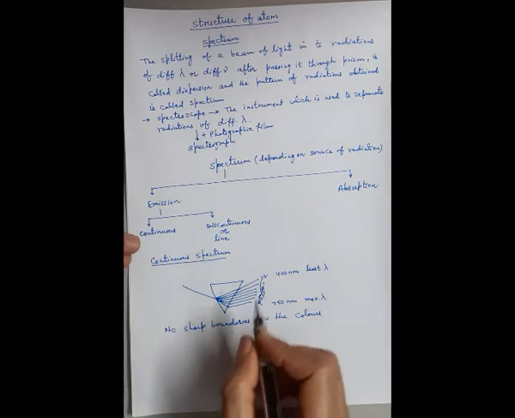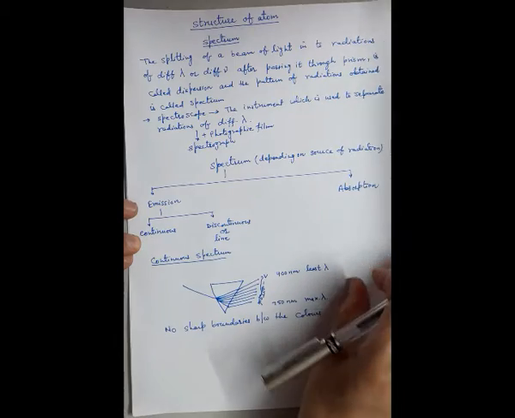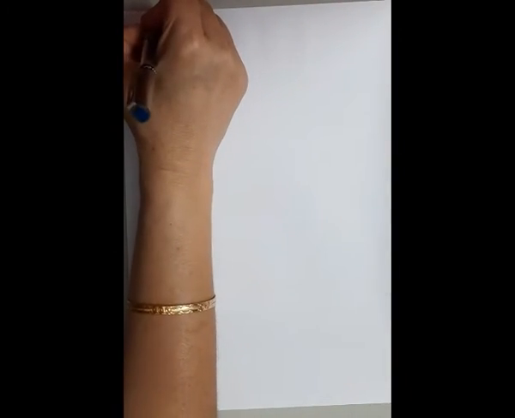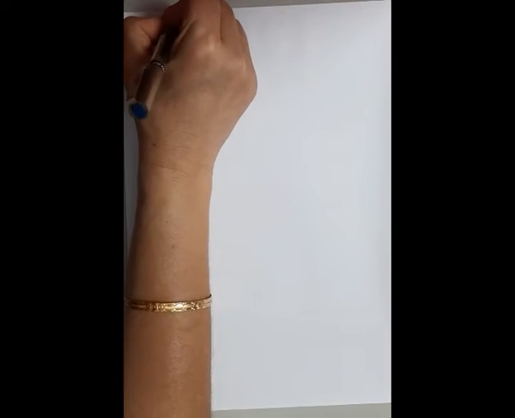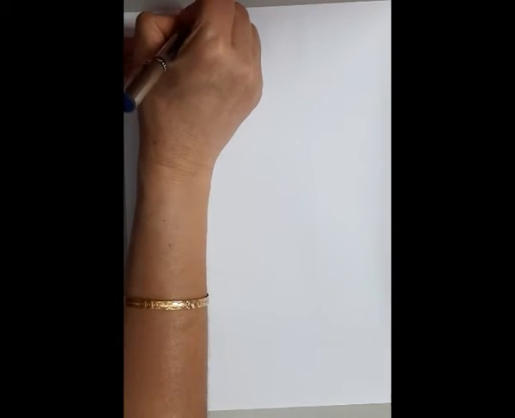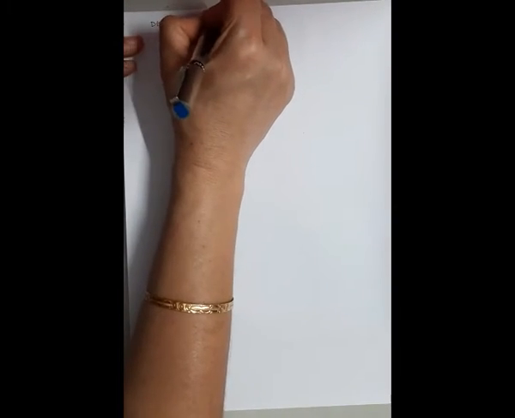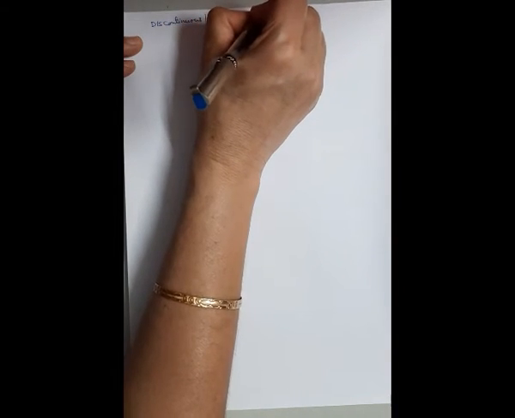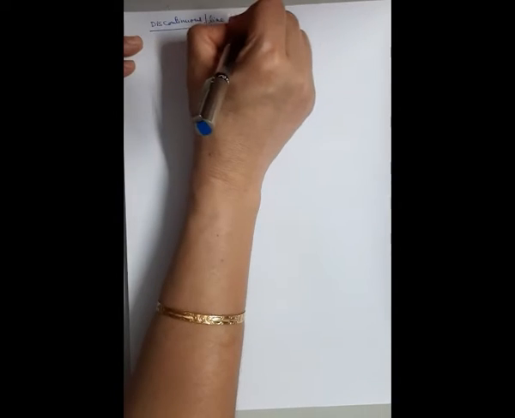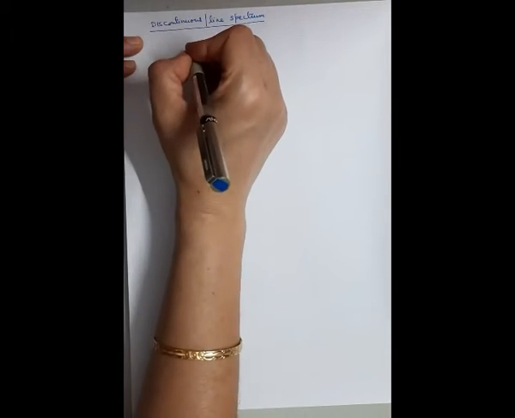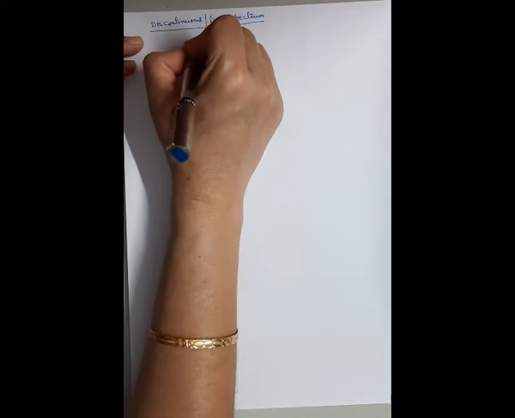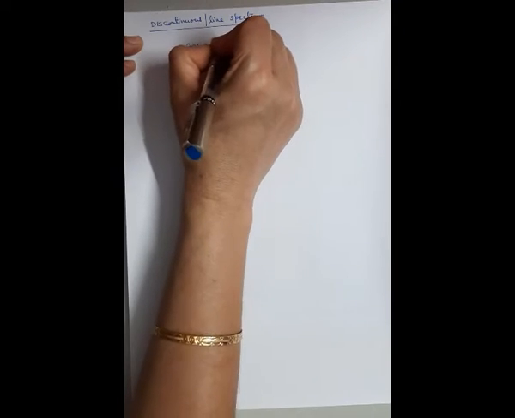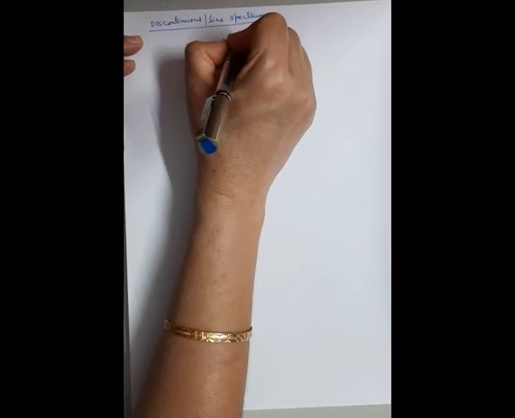Children, let's talk about discontinuous or line spectrum. You may take a gas or maybe vapors of a volatile substance.